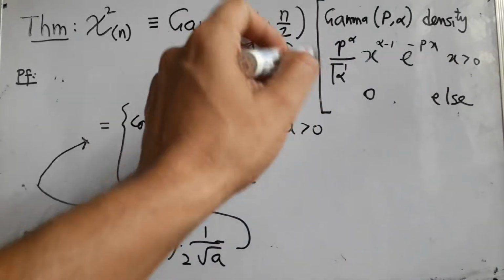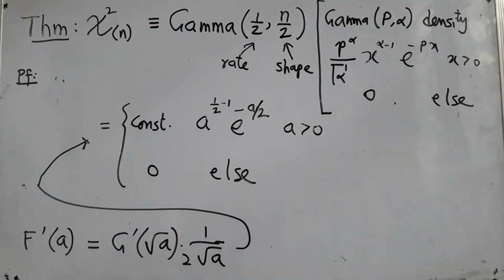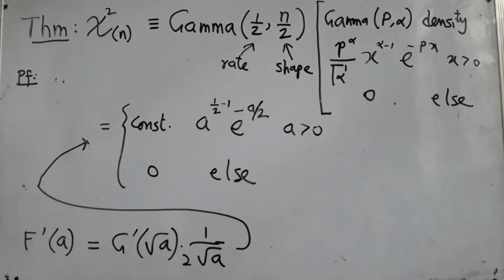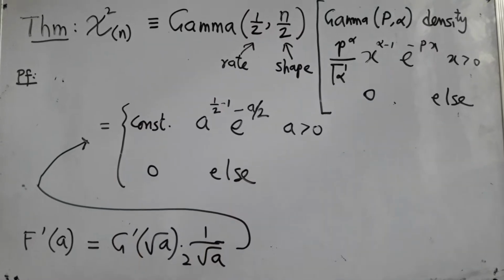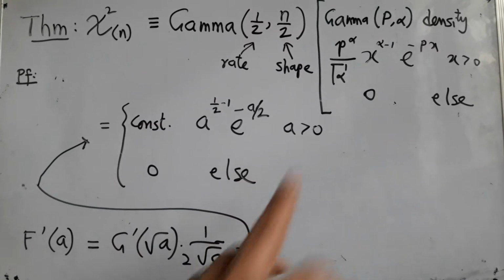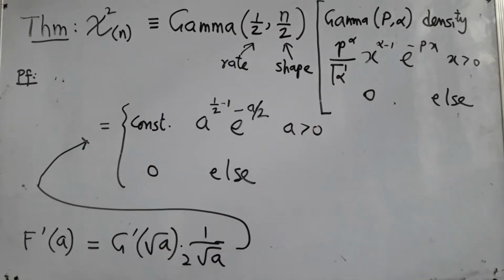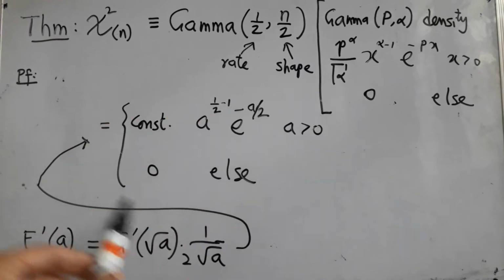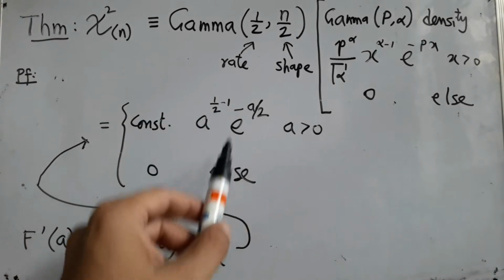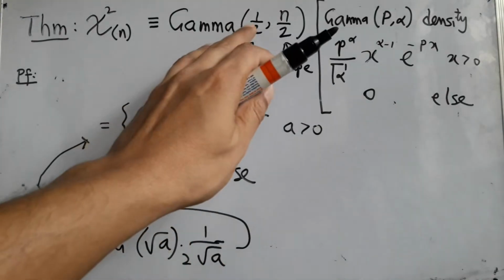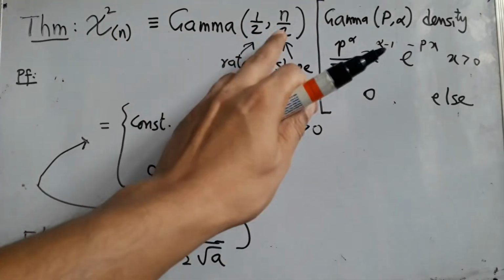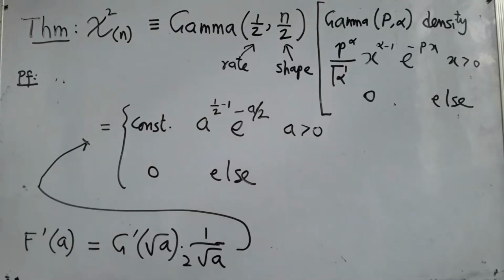In that case, the constants must naturally match because this is a density, that's a density. In fact, this will give you an indirect proof that gamma of half can be expressed in terms of pi. Okay, so we get that this is indeed the density of gamma half half, and that's what we wanted to show for n equal to 1.